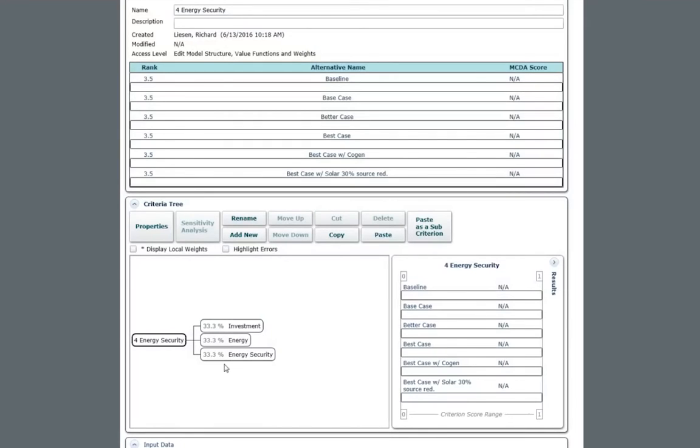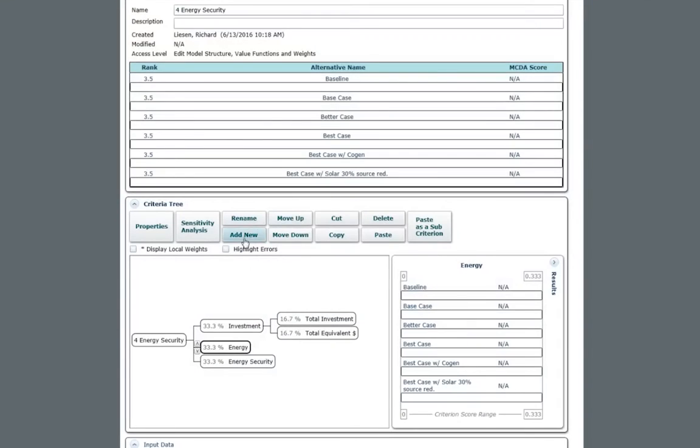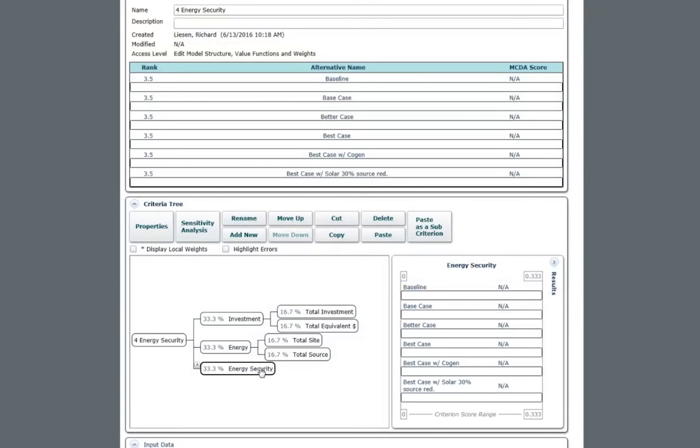Okay, and we're going to look at this. Right now, I'm just going to leave the splits between these at a third each, and then I'm going to add in our branches that we've had here for total site and our total source, and that I'm going to leave alone.